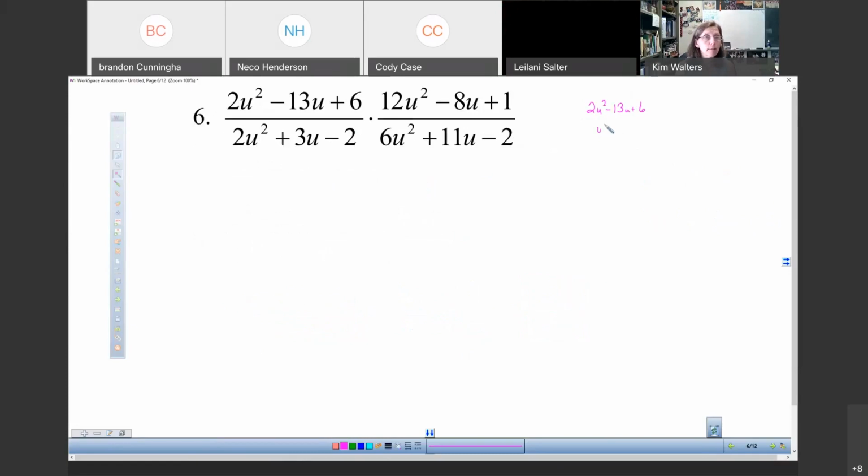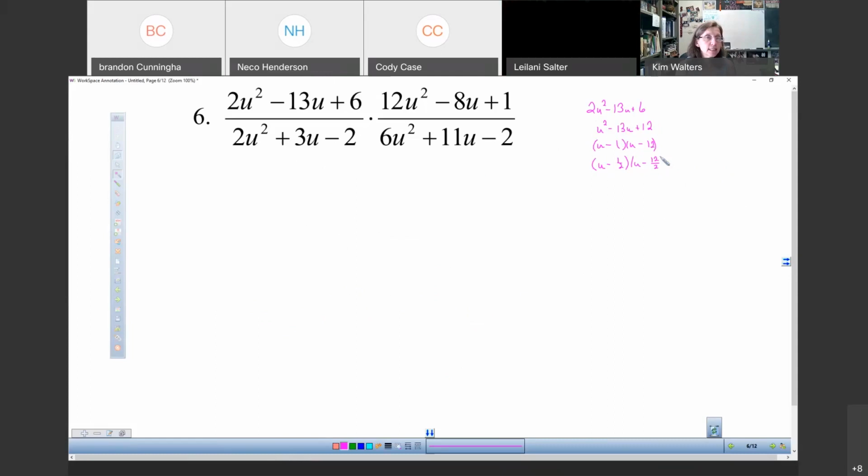So we're going to start by multiplying the end by 2. And so this is going to give me u squared minus 13u plus 12. This is going to factor into u minus 1 and u minus 12: 12 product, negative 13 in the middle. Dividing everything by 2 gives me u minus 1 half and u minus 12 halves.